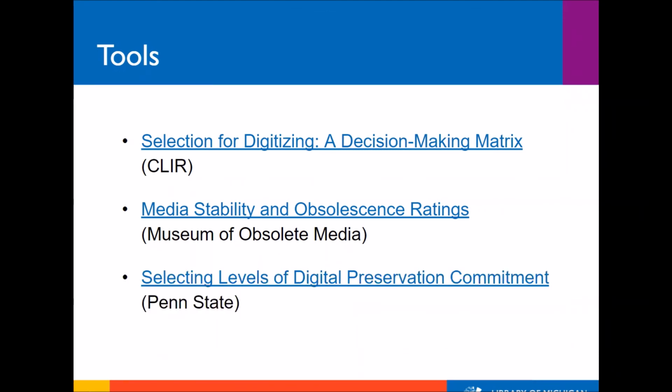The last tool we're going to discuss is Penn State's Selecting Levels of Digital Preservation Commitment Survey. This Qualtrics-based survey, developed by Nathan Tallman and Lauren Work, provides a points-based score for each of the criterion for digital collections and aids in digital preservation prioritization. Criteria includes research value, legal and fiduciary obligations, uniqueness, replacement costs and investment, preservability, representation and agency, provenance and authenticity, and restrictions.